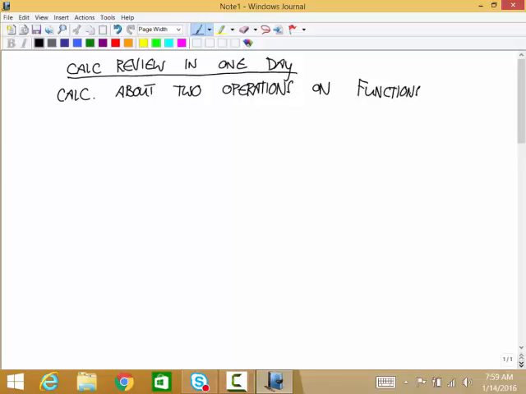In the calculus that we're going to do, we use a single independent variable, x or t or whatever. So for us, these are going to be functions of one independent variable. And these operations are the derivative and the integral.